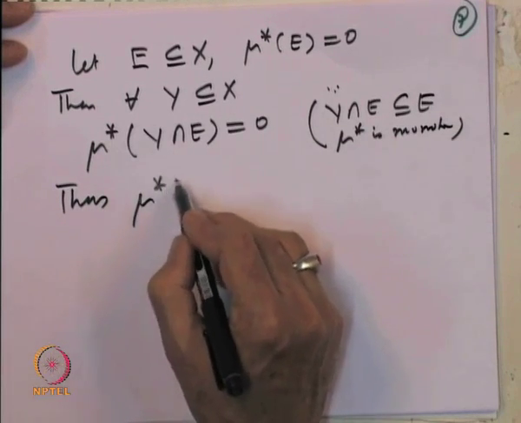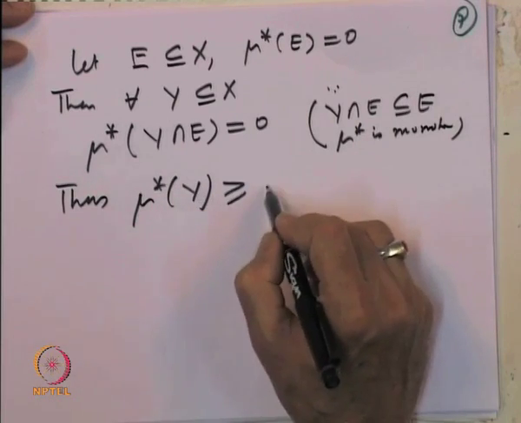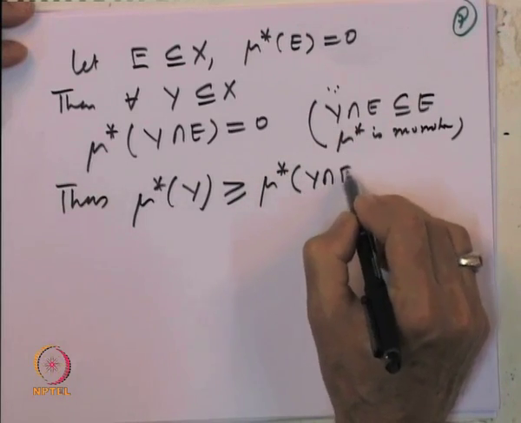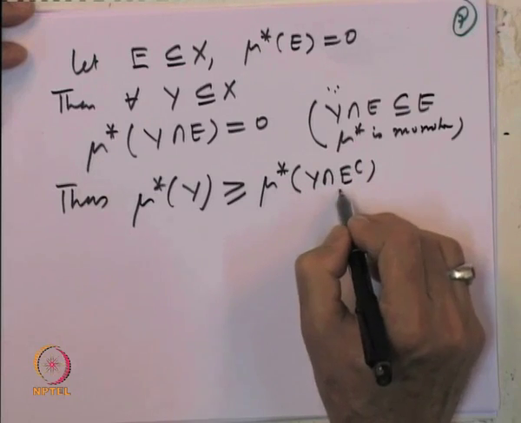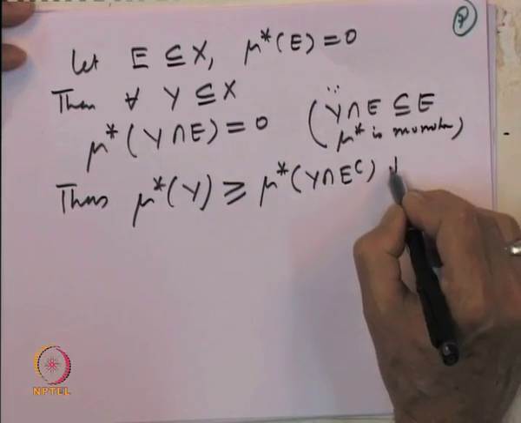Thus mu star of y is bigger than or equal to mu star of y intersection E complement, because again y intersection E complement is a subset of y, and I can add 0 to it.